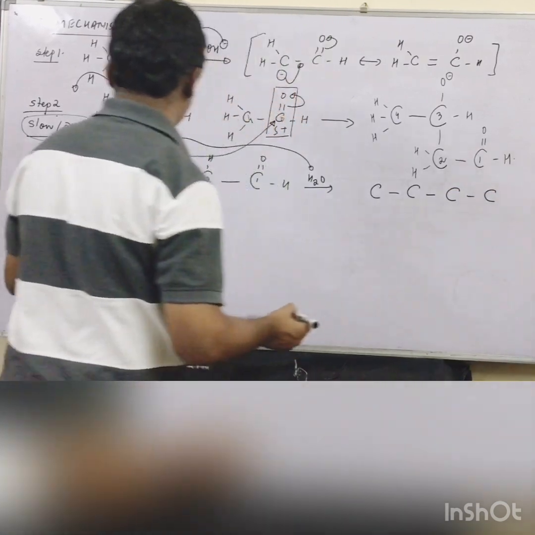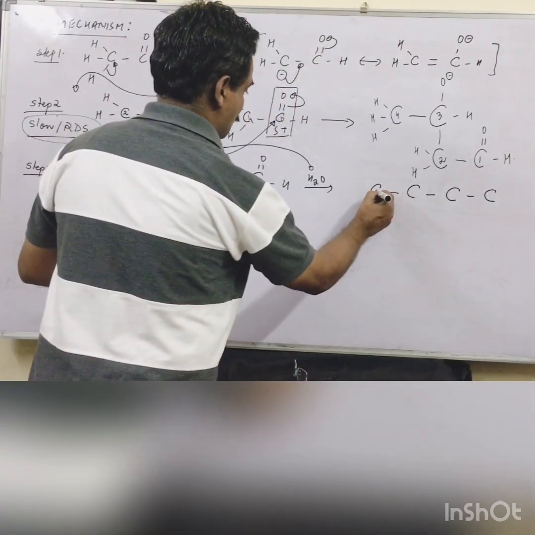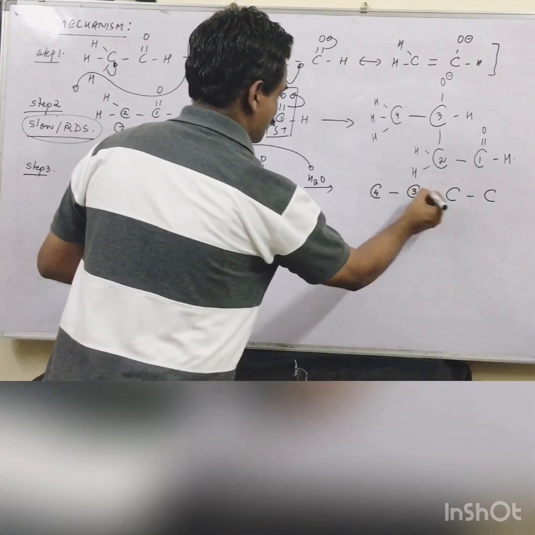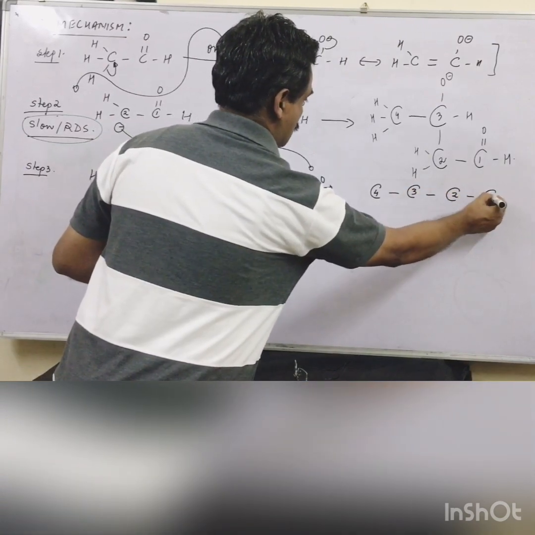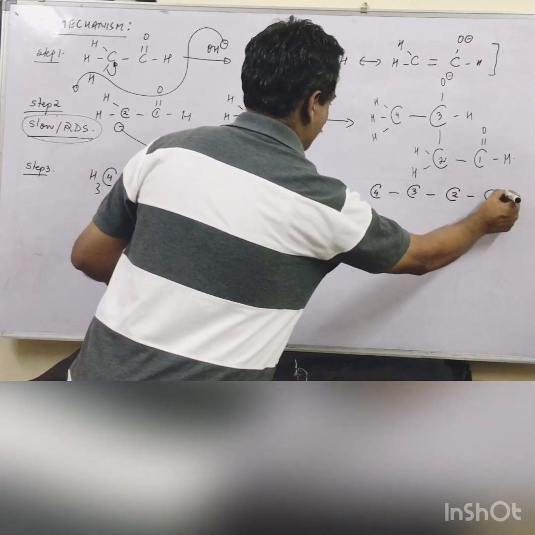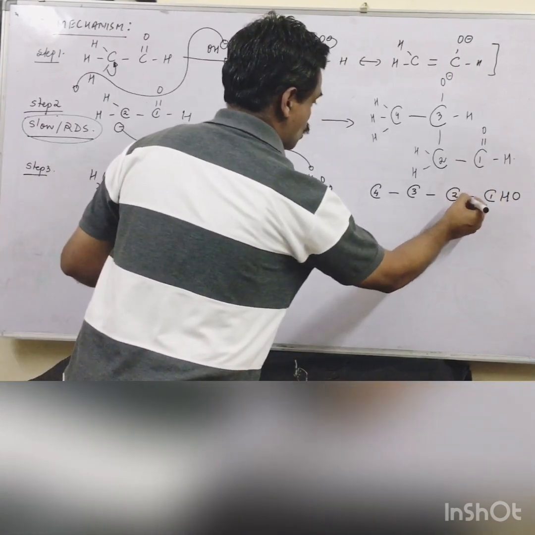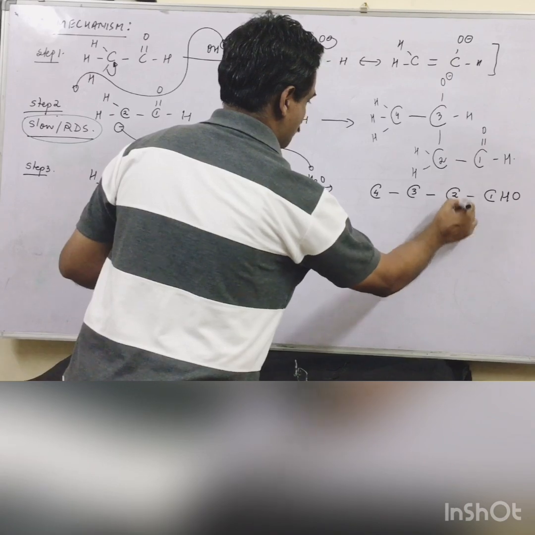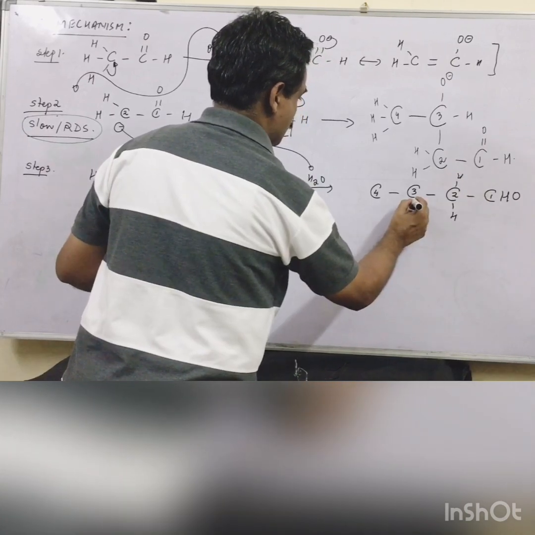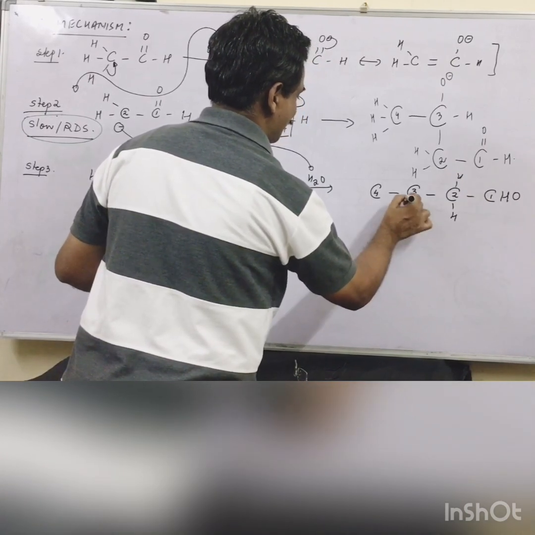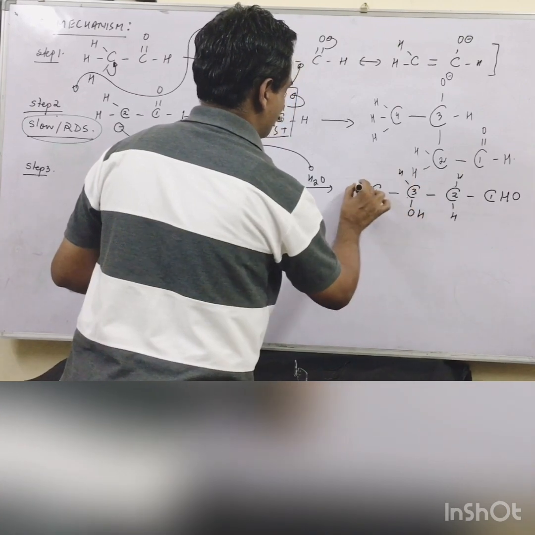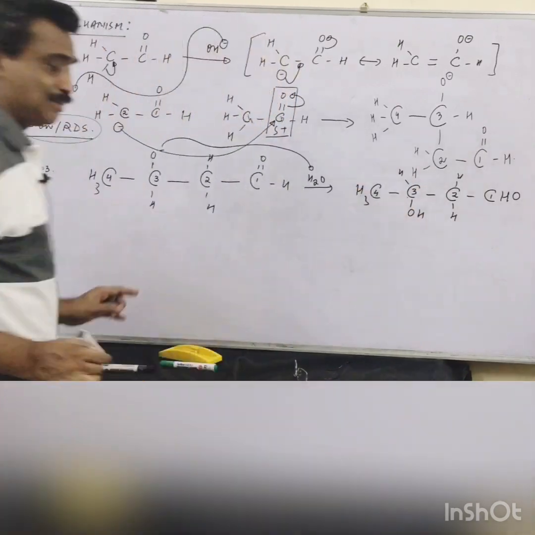which you can easily name also. So this is carbon 4, this is carbon 3, this is carbon 2, this is carbon 1. Carbon 1 has an aldehyde functionality. Carbon 2 has 2 hydrogens, if you can see very clearly. Carbon 3 has 1 OH and 1 hydrogen, and carbon 4 has 3 hydrogens. Write it clearly.